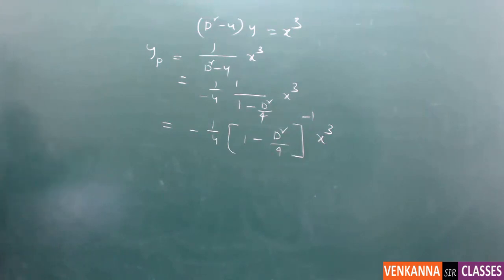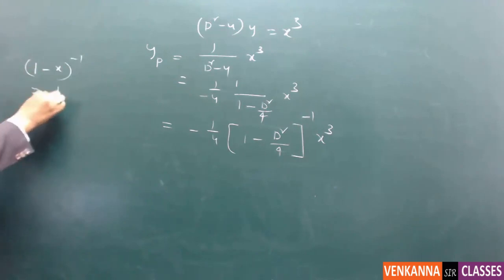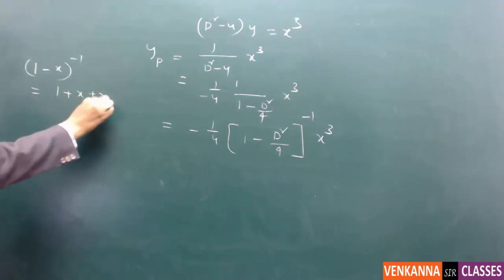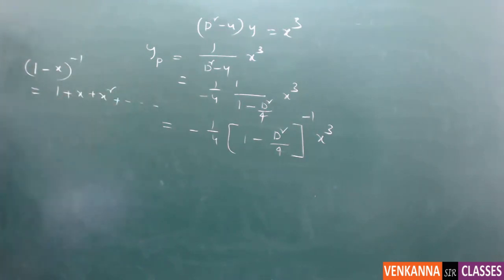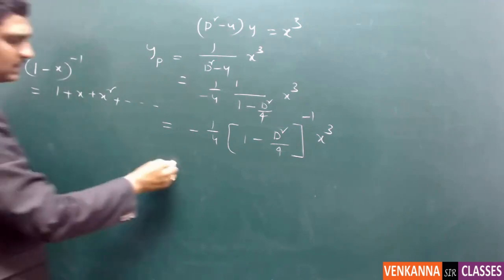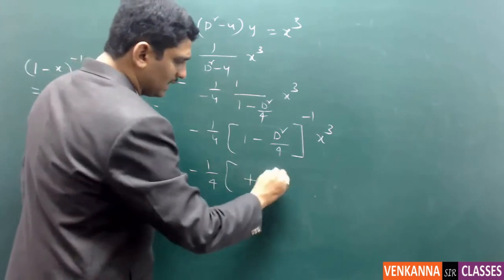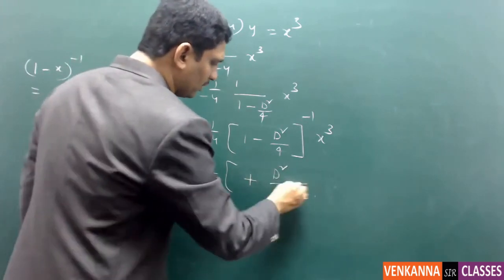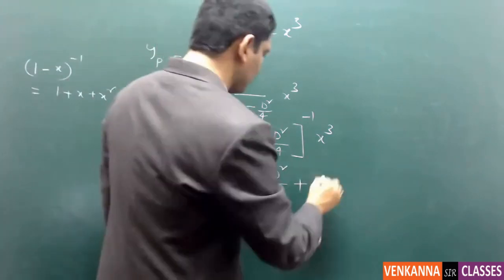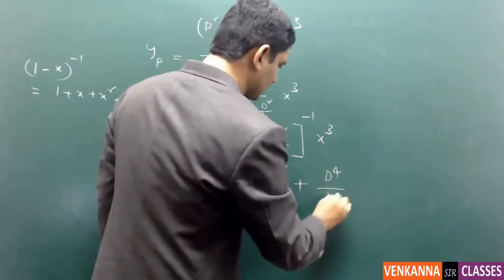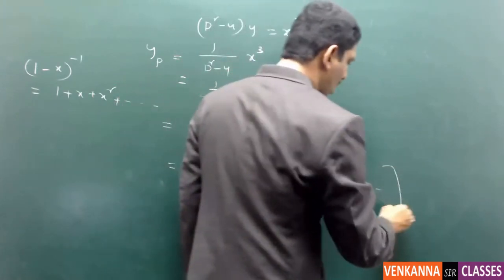Now expand it. I will write the expansion again: 1 plus x square plus so on. So applying this, minus 1 by 4 into 1 plus d square by 4, plus d power 4 by 16, plus so on, of x cube.